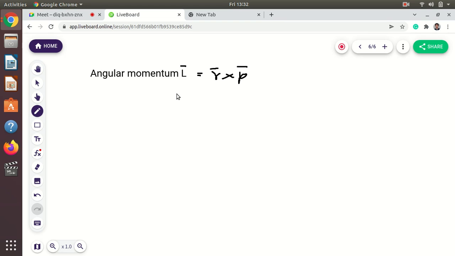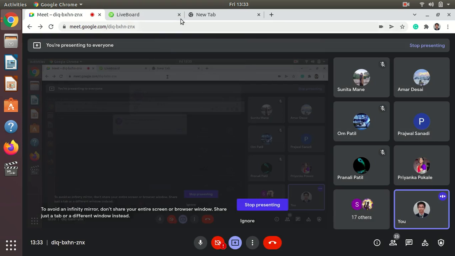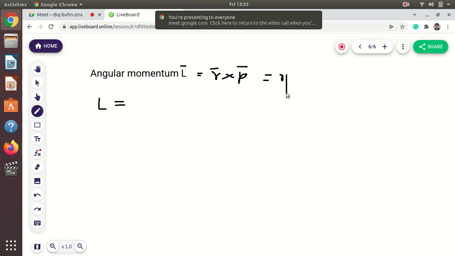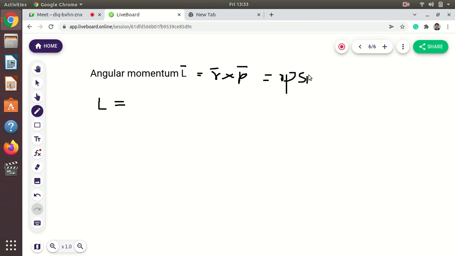If we take the magnitude, what will the magnitude be? L is equal to R P sin theta, where R and P are the two vectors, correct?